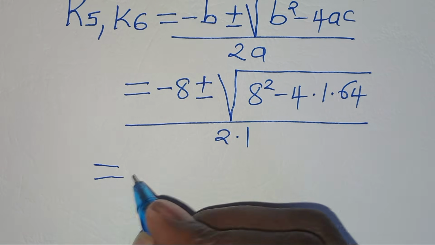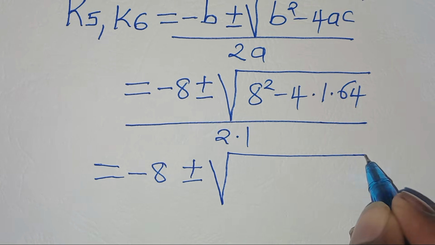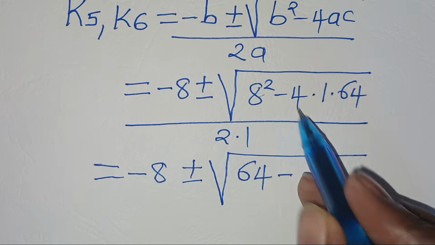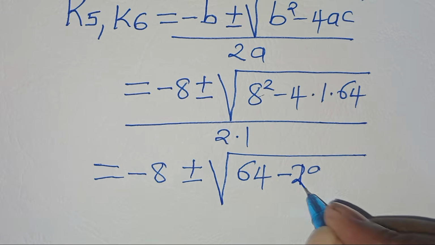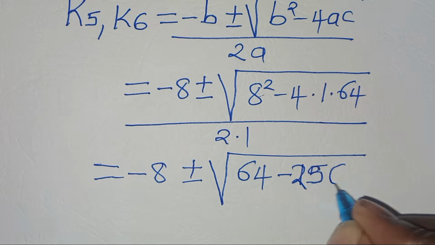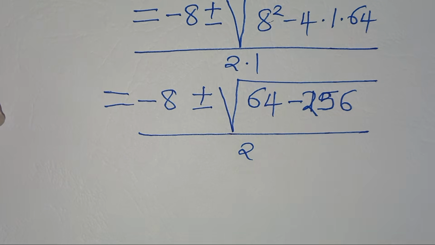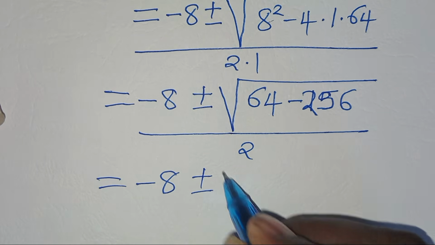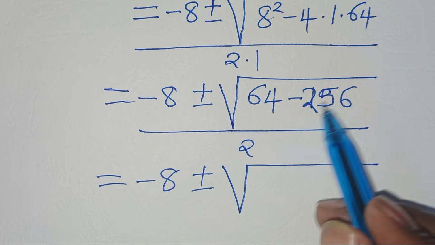So we have negative 8 plus or minus the square root of 8 squared, which is 64, minus 4 times 64, which is 256, divided by 2. So this means we have negative 8 plus or minus the square root of 64 subtract 256.